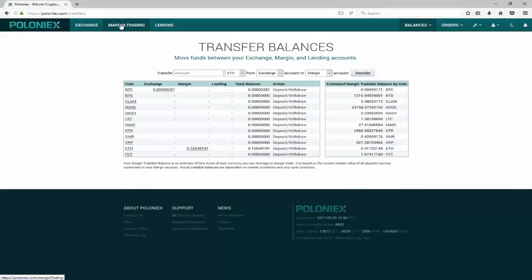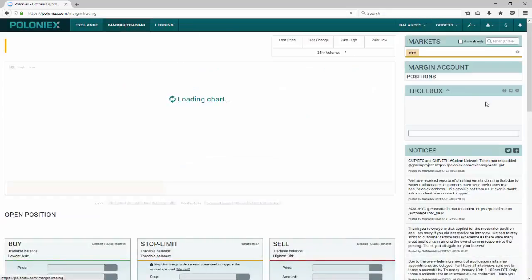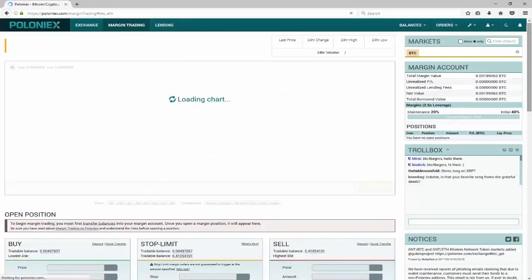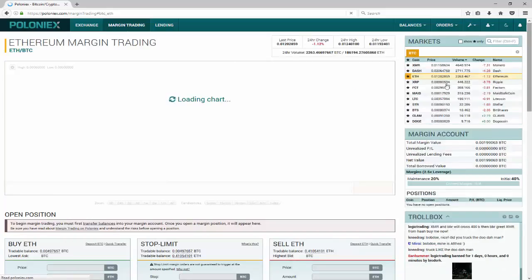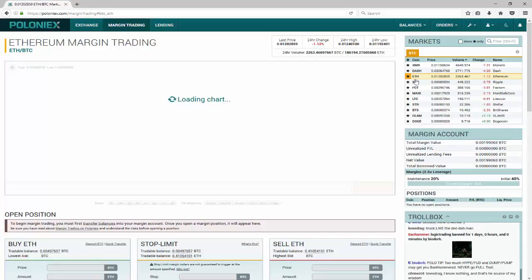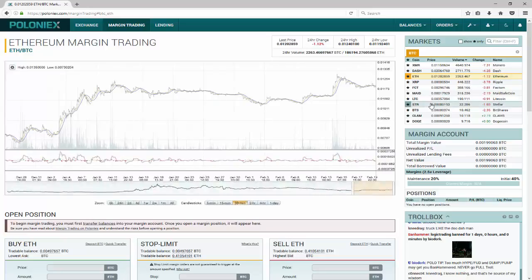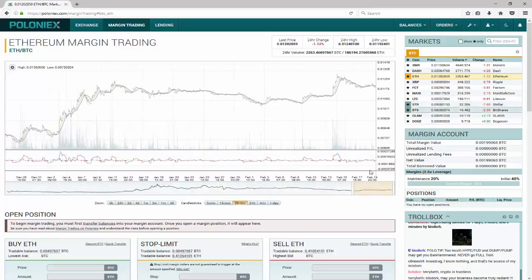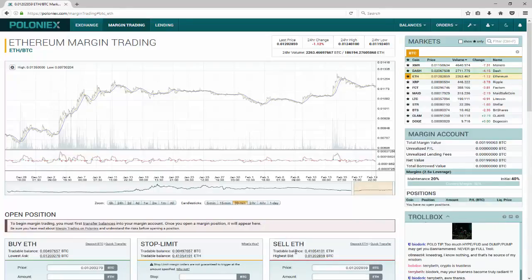And now I just go in the margin trading tab. And I have various different markets. Not every market that they have is available for margin trading. So what margin trading is, is being able to use my base as collateral to be able to borrow more coins, right?